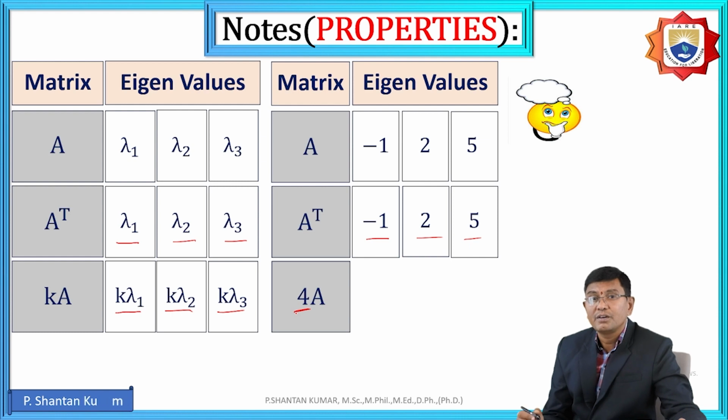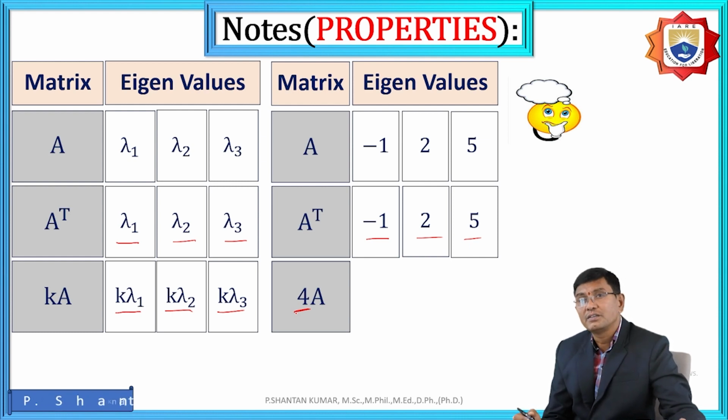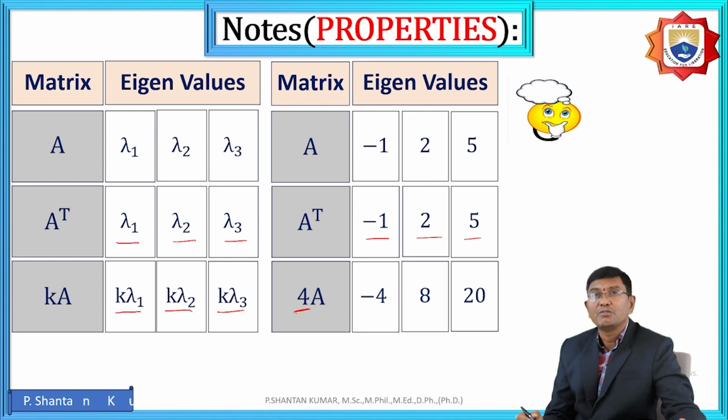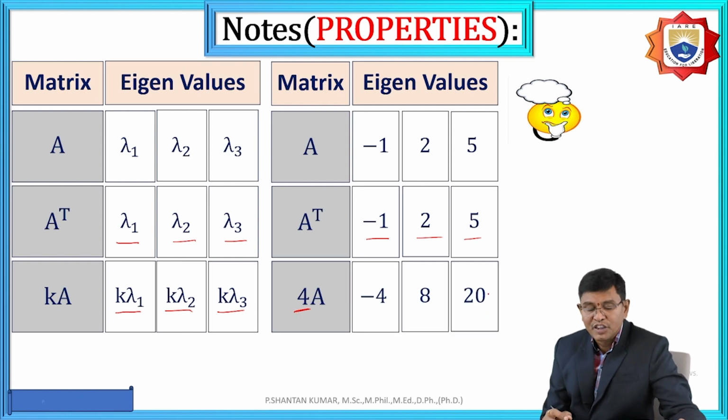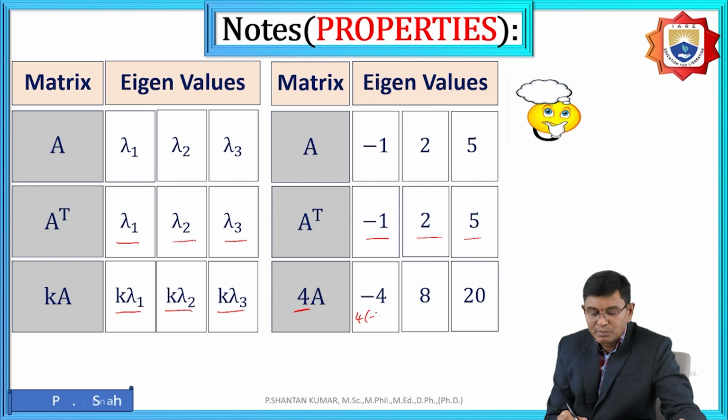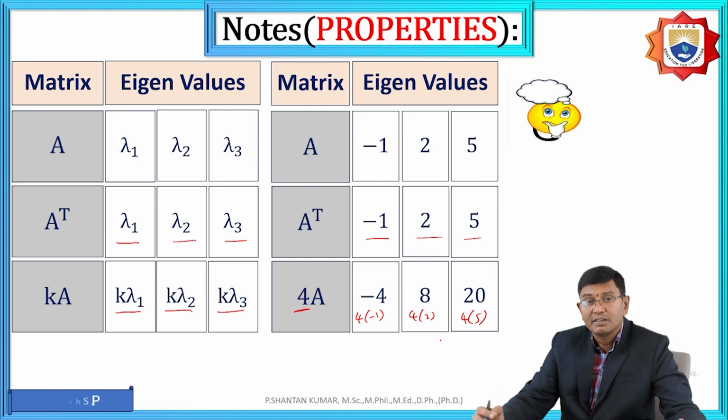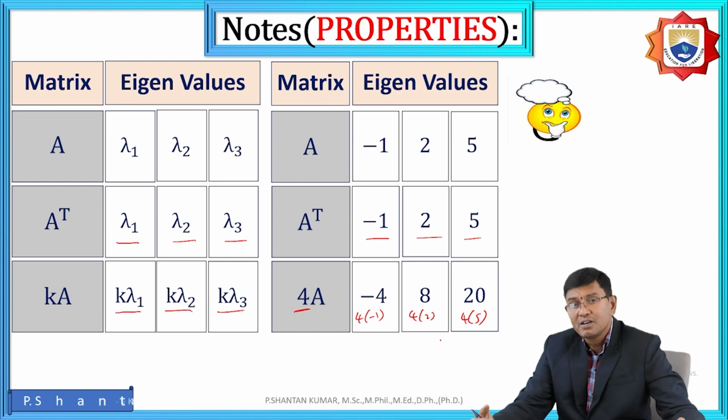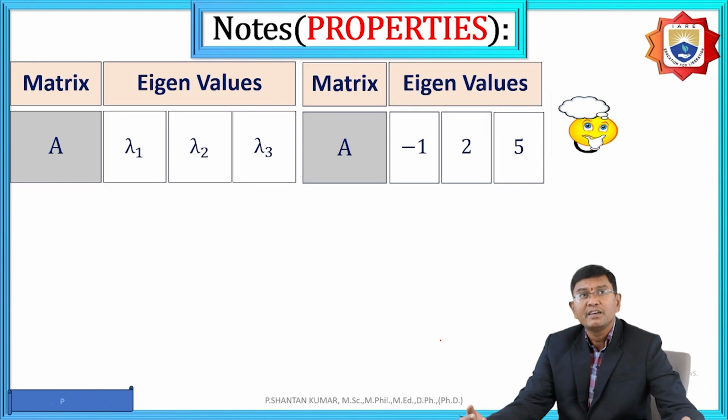Therefore 4 into minus 1 is minus 4, 4 into 2 is 8, and 4 into 5 is 20. These are obtained from the eigenvalues of the given matrix.